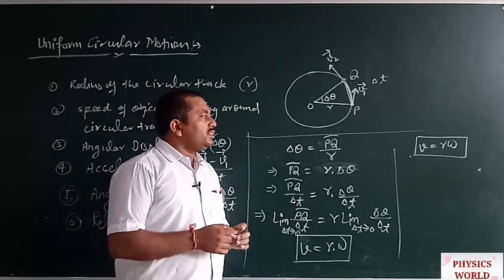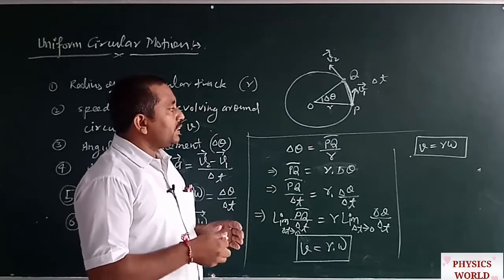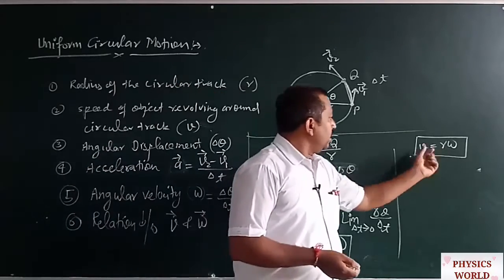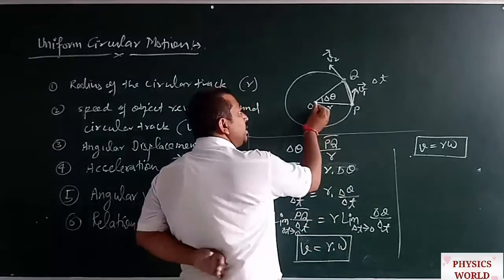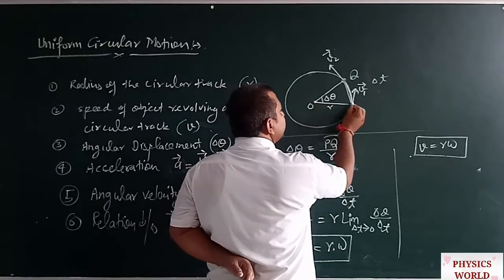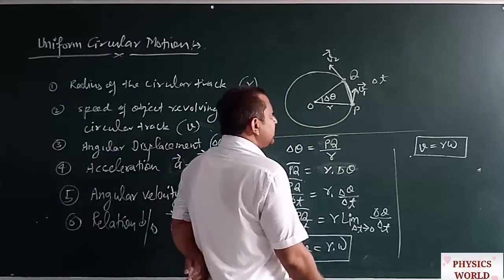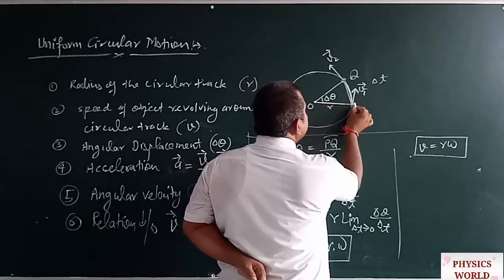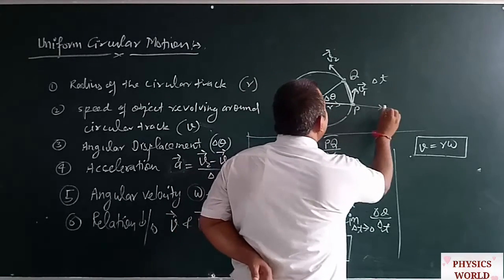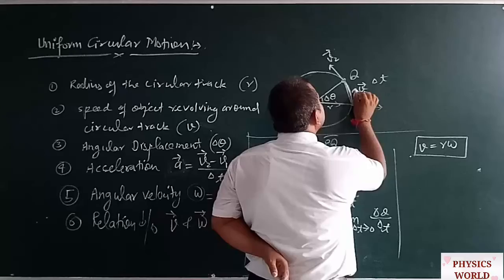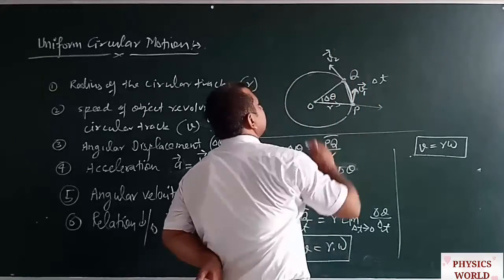Now if you want to calculate the direction of v, r and omega, as we know, if we assume the point is situated at this point, then the position vector of this point with respect to the center is along this direction, and the direction of the velocity is lying along the upward direction.